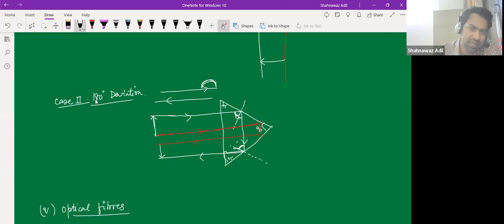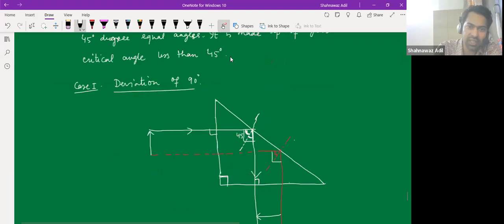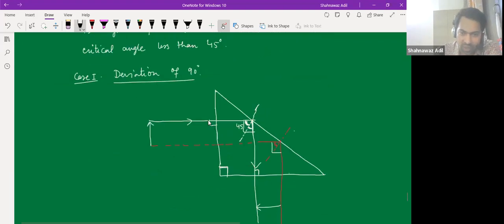So in 180-degree deviation, you have two surfaces which are refracting and two surfaces which are reflecting. And in the case of 90-degree deviation, you have one and two surfaces refracting and one surface which is reflecting, right?